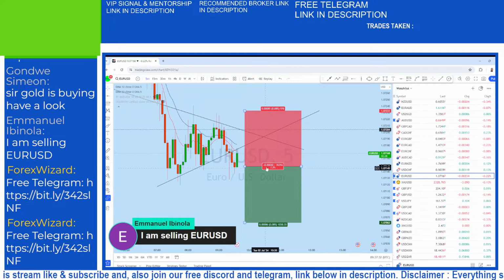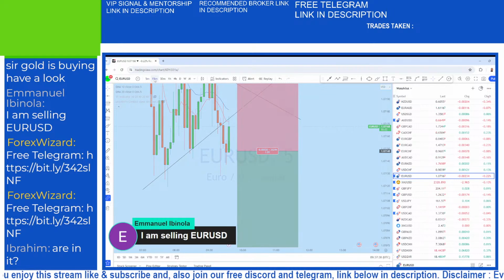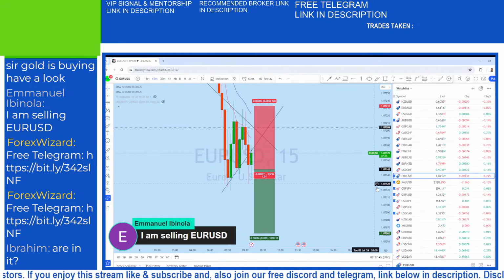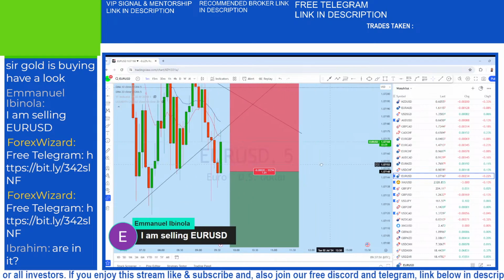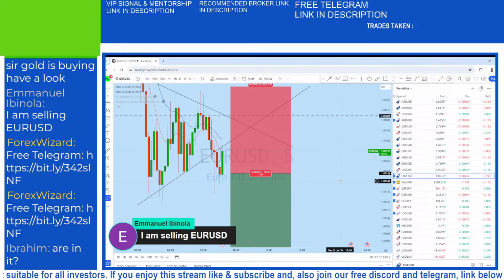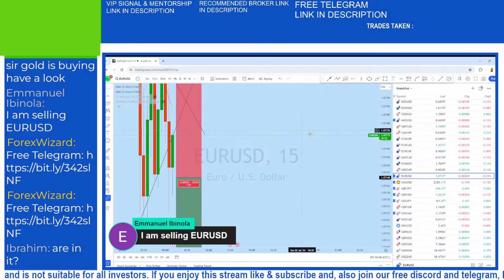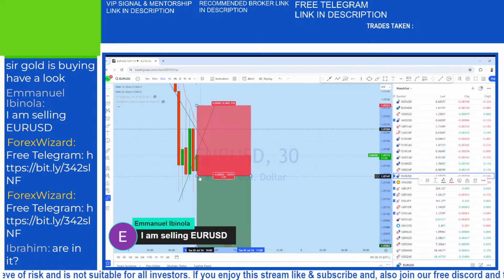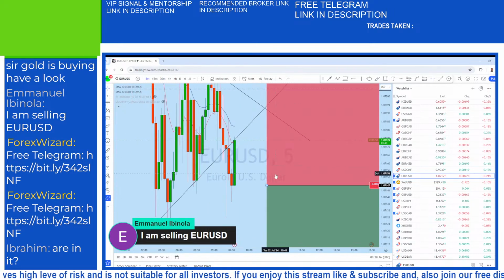So if you guys look at what you can see, okay, we're expecting it to break in that direction and then to drop below.